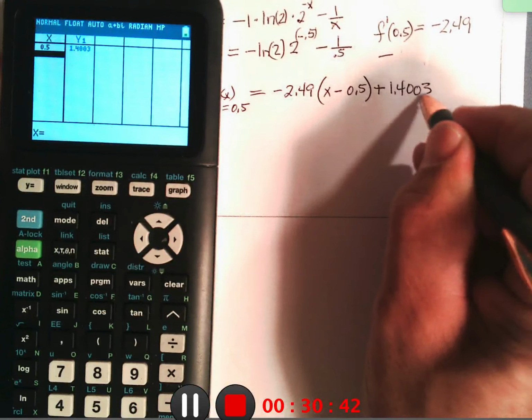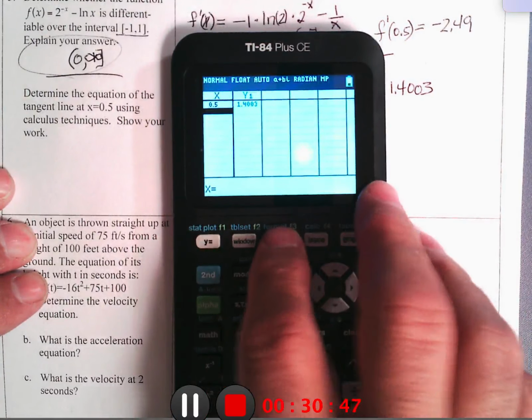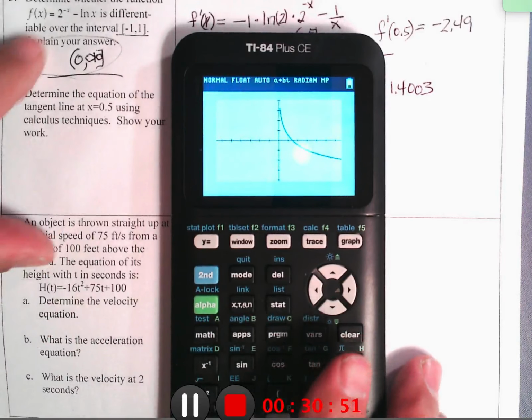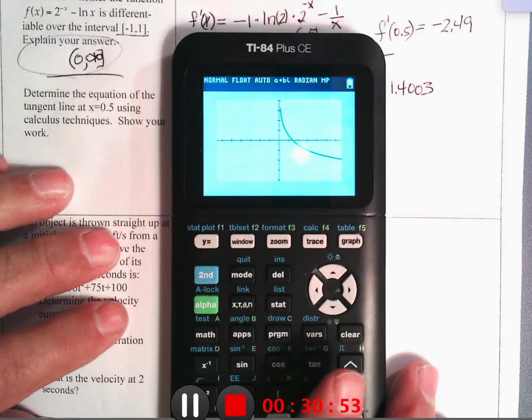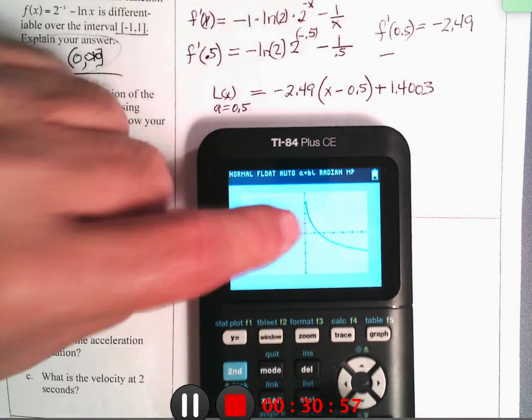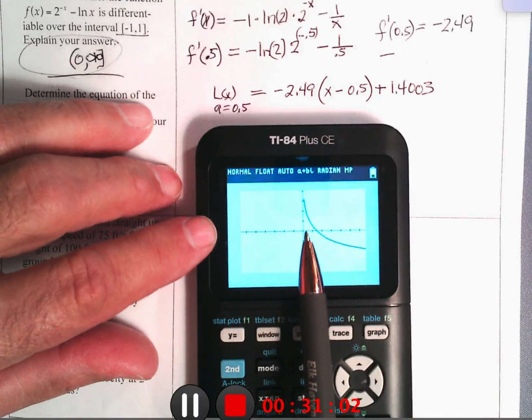Okay, now I'm going to graph that function on zoom 4. That's what that looks like. And then I'm going to graph my tangent line, and it's supposed to be tangent at 0.5. 0.5 is right there, about there.